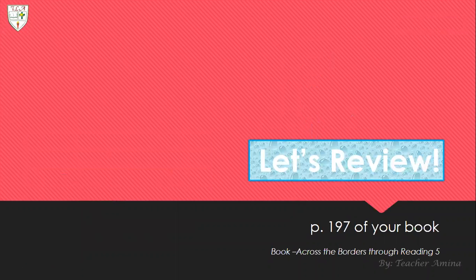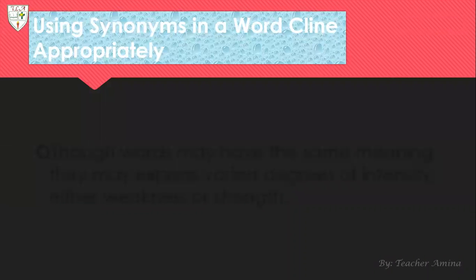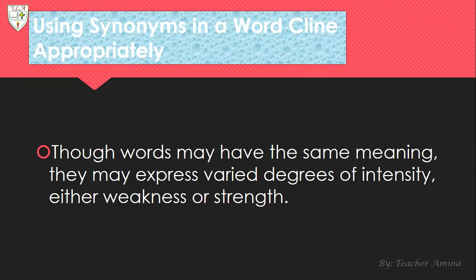First, before we begin, let's review our lessons from yesterday. Our lesson yesterday was about using synonyms in a word cline appropriately. Words may have the same meaning. They may express varied degrees of intensity, either weakness or strength.